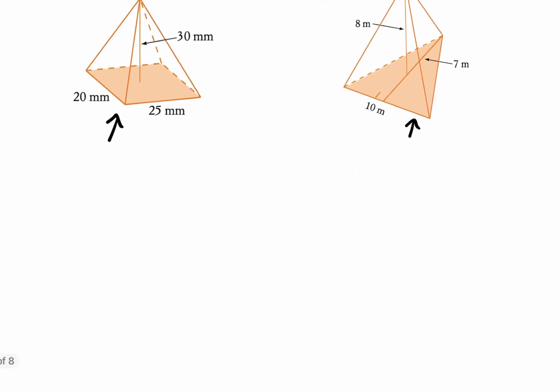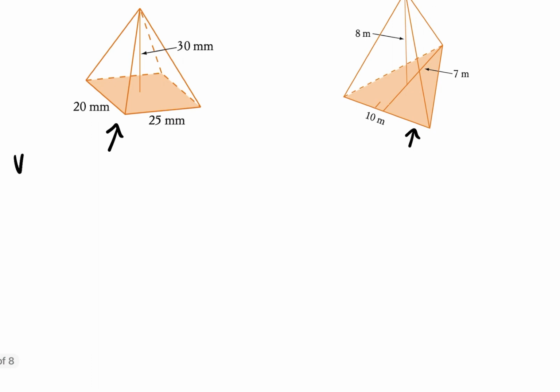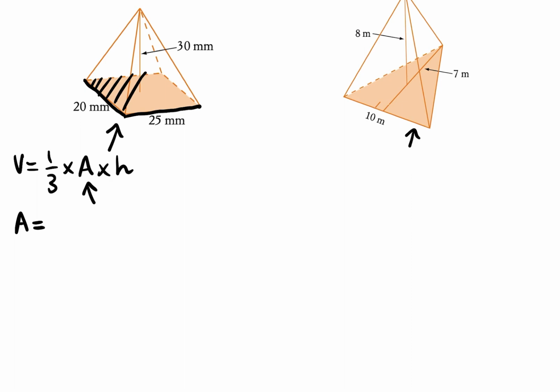So for our first pyramid, let's write down our formula here. V equals a third times the area of the base times the height. And so we're going to need to find the area of the base first. So let's find A. Area of the base, well, in our case, we've got a rectangular base here. So in order to find this area, we just need to multiply the length by the breadth.